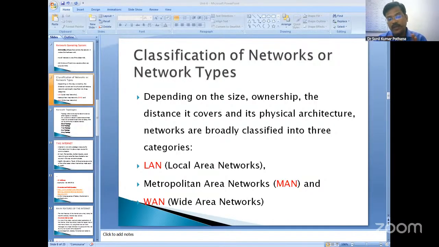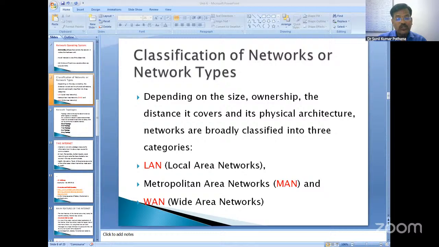Next is metropolitan area networks. A metropolitan area network is a computer network in which two or more computers which are geographically separated, but located within the same city area, are connected to one another.